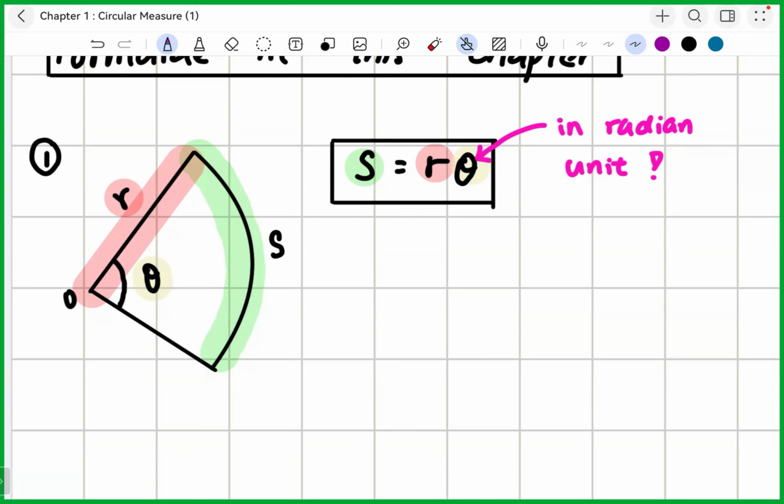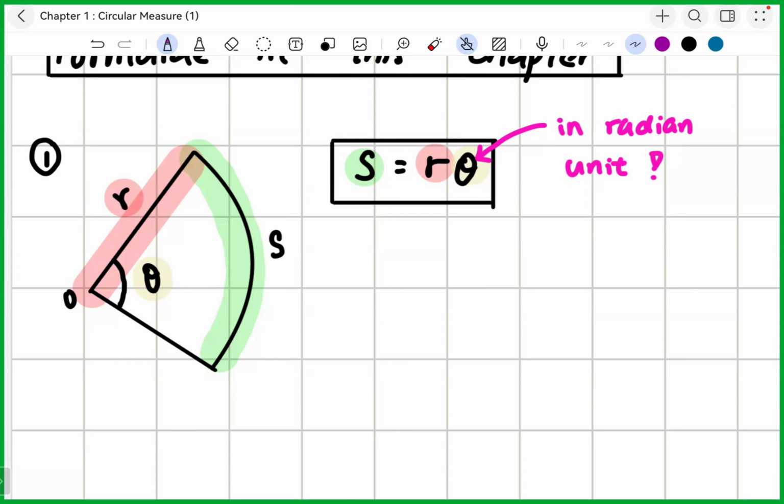The arc length you get is incorrect. So if the question provides the angle in degree units, the first step is to convert the angle into radian units so that you will get the correct answer for your arc length.